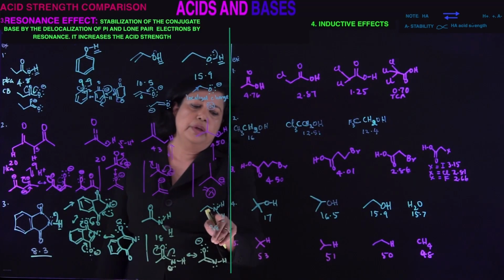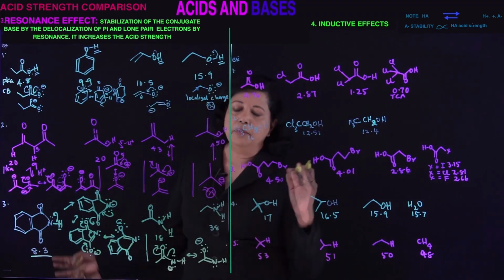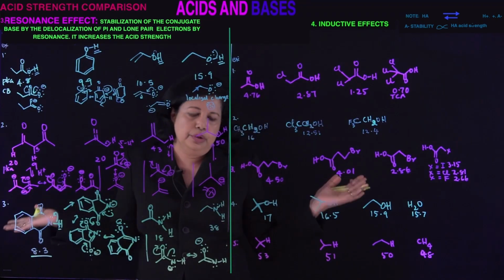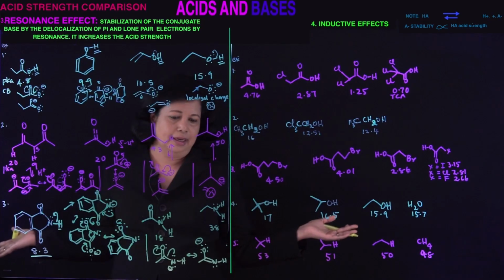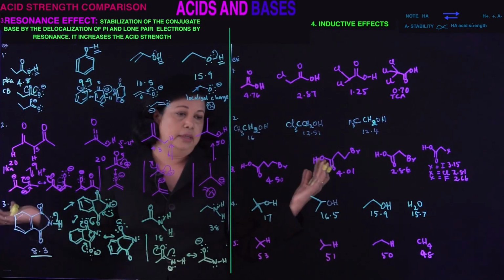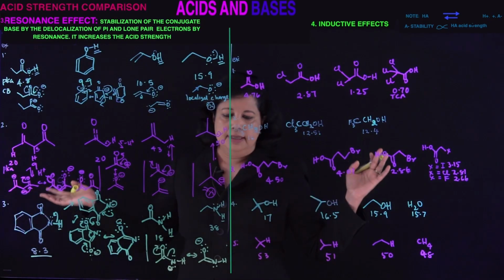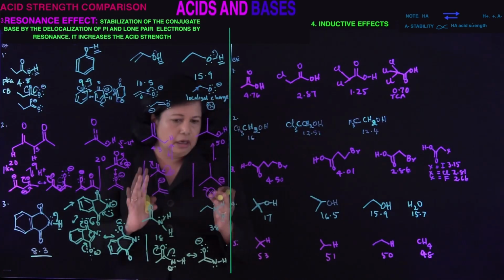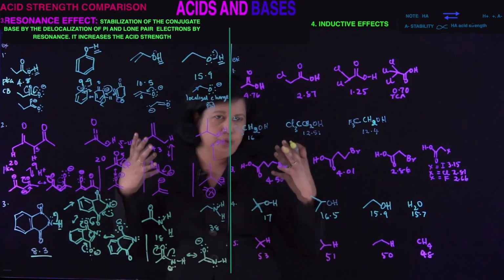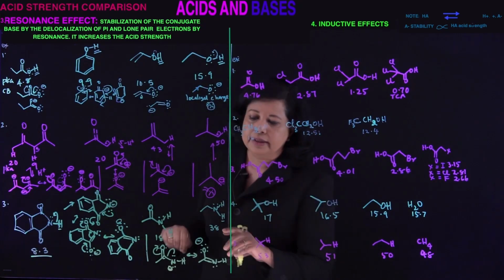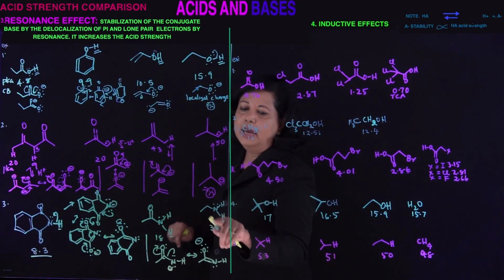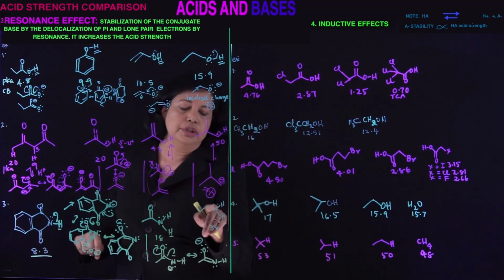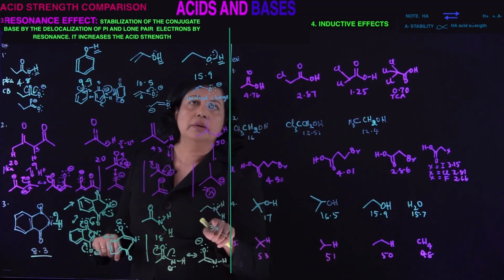So once you let go of that, you're going to have an N minus, and where is it going to go? It's just going to sit on that nitrogen. No resonance, no neighbors, nobody wants it, it's localized, it's stuck. And that can lead to a lot of energy build-up, stress, right? So therefore, that's a very unhappy anion when you take off the hydrogen, and so it doesn't want to go there.